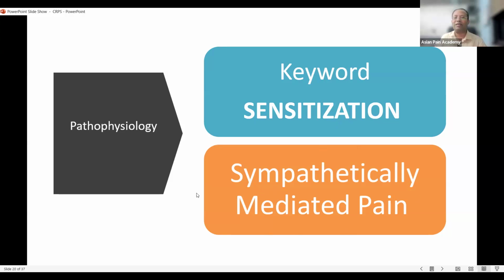And sympathetically mediated pain. So remember, sympathetically mediated pain in CRPS can be present or it can be absent. It is not that all CRPS cases are sympathetically mediated pain. It may not be present.